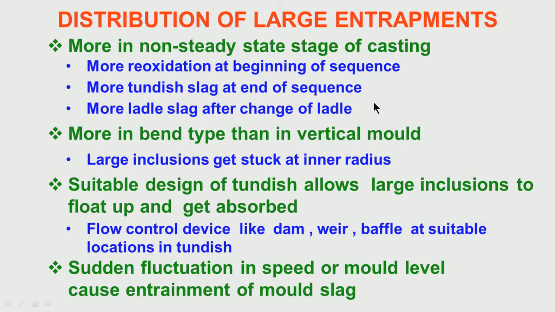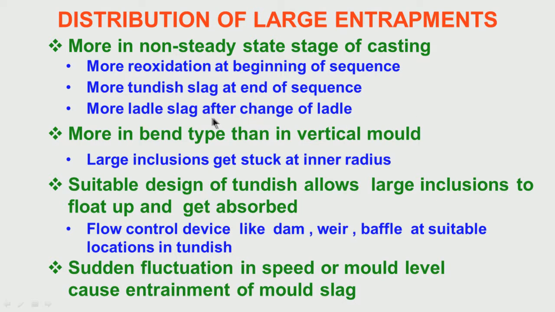The slag should not be allowed to come into the tundish from the ladle. When the ladle is getting emptied towards the end of the heat, liquid steel is coming out, and on top of it is slag. Slag should not be allowed to come from the ladle to the tundish.